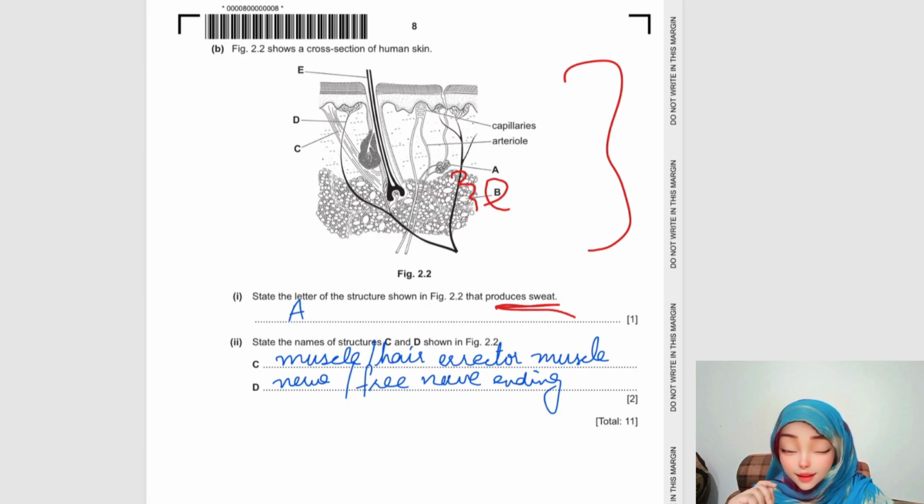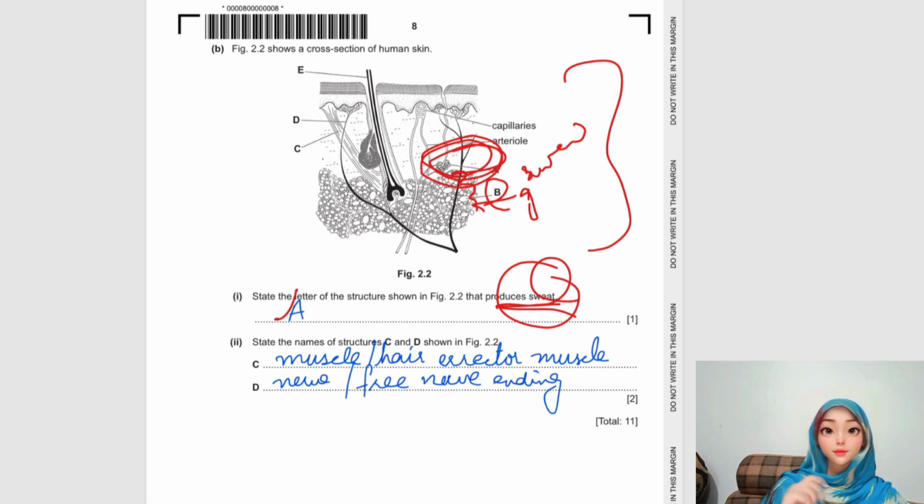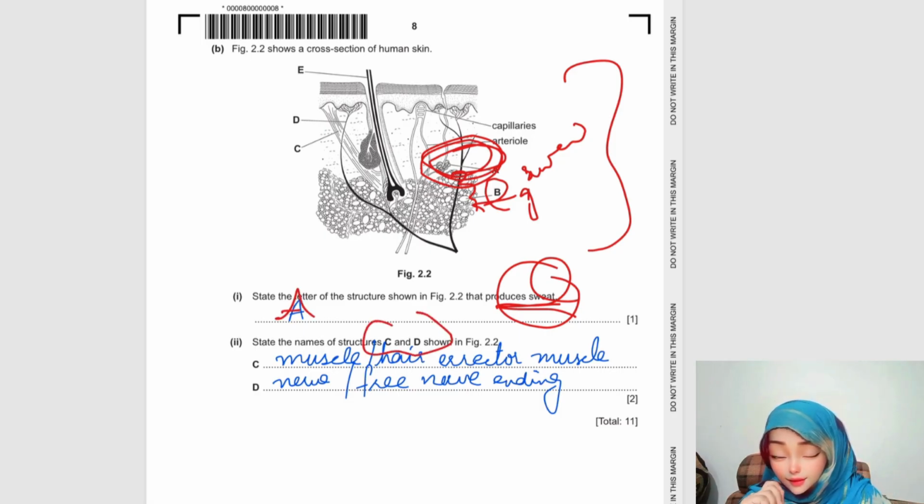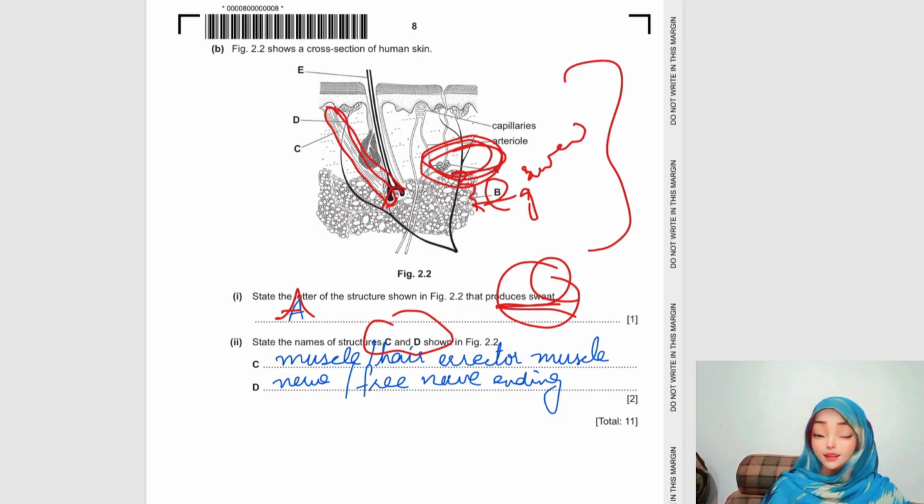Basically, sweat glands produce the sweat, so we will put A here. Now in C and D, C is the muscles, and in D you may observe the open, free endings of the nerve. So here is the nerve that has the free ending.